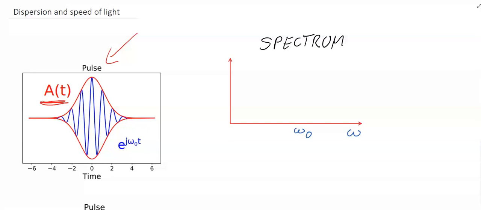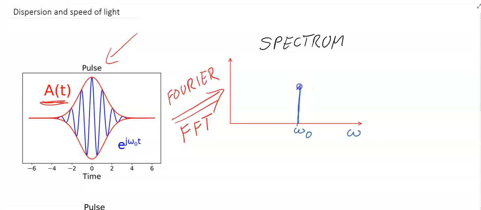Frequency spectrum of this pulse can be accessed by Fourier transform or discrete fast Fourier transform. In the frequency domain, the spectrum of the pulse consists of the carrier at the center frequency omega 0, and around it we have the spectrum of the amplitude modulation.